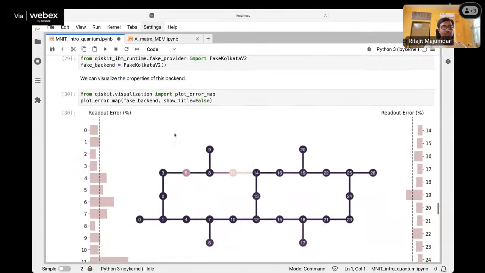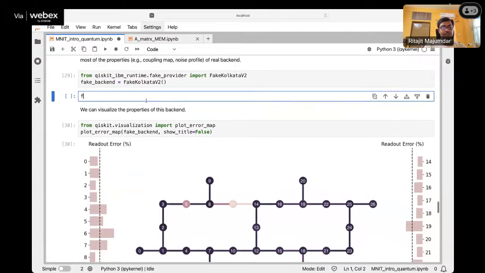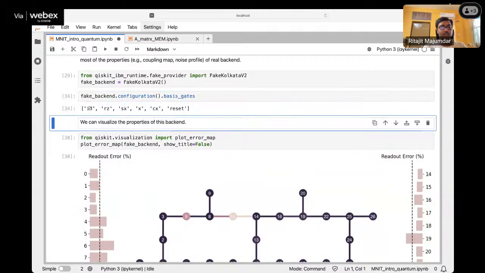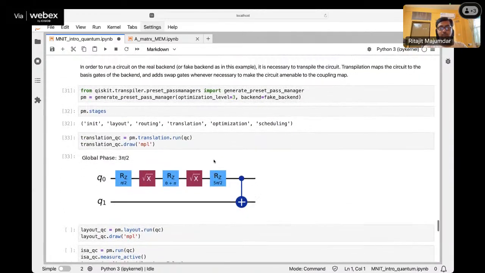If you want to see what the basis gate sets of this particular backend are, you can just go to backend.configuration.basis_gates. So it is identity, RZ, SX, this is square root of X, X, CNOT. So you see, it has broken it down into these.